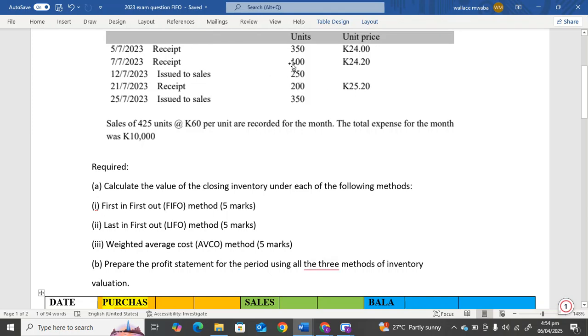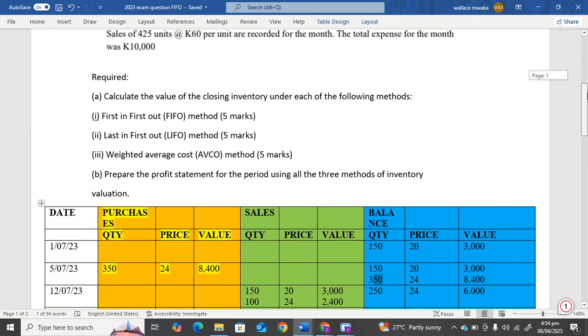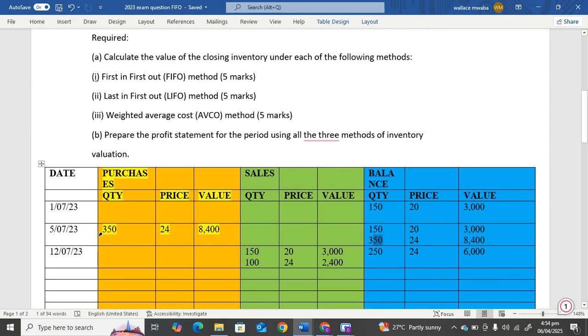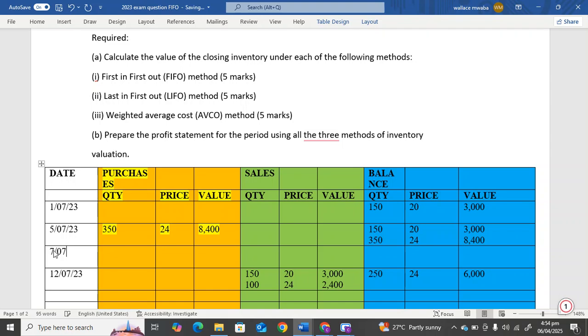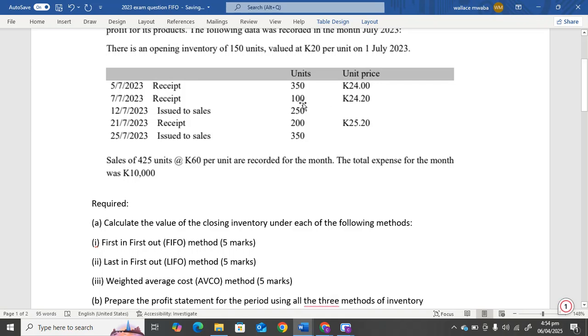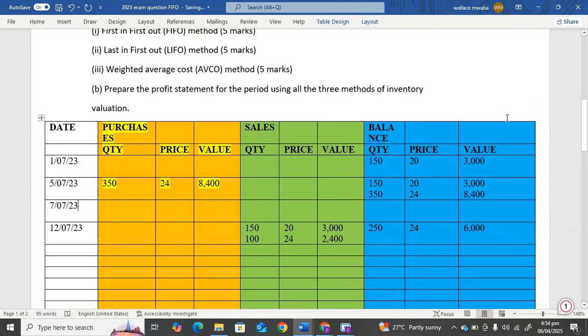Oh, I've skipped a transaction here. On the 7th, we purchased again 100 units at 24 kwacha 20 ngwe. 100 times 24.20, we get 2,420. So again, we separate these goods.